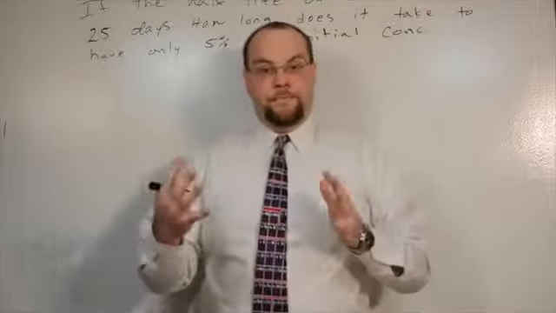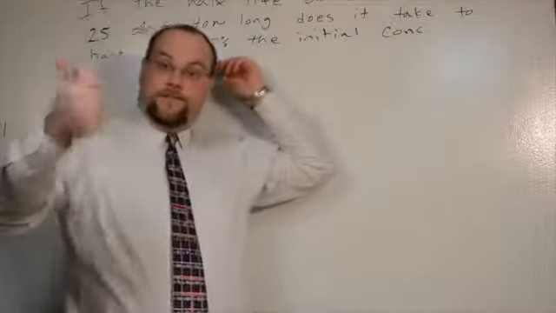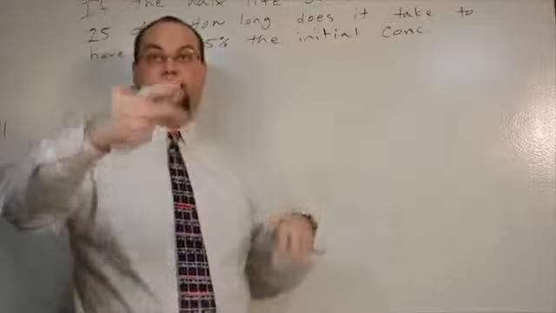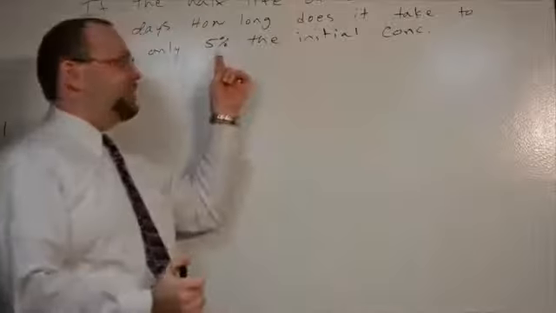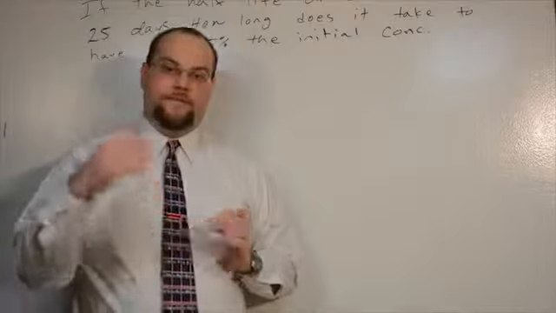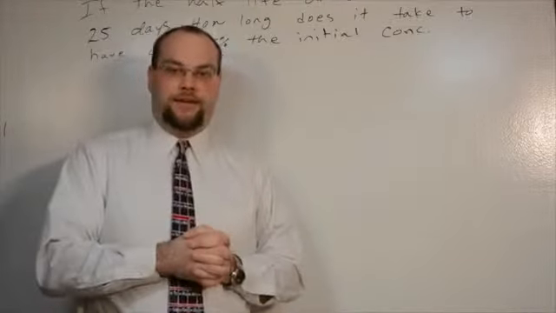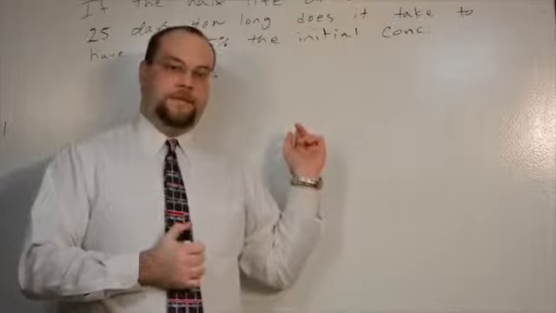Now, that's really simple if I have a number that is either 50, 25, 12.5, 7.25, you get the gist. But 5% isn't an even half-life. So we're going to have to do a couple of different equations here to solve for it.